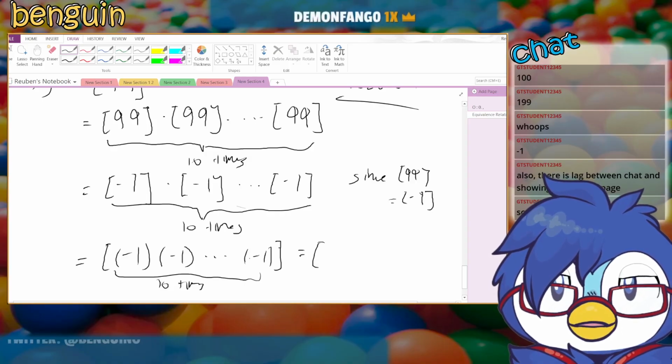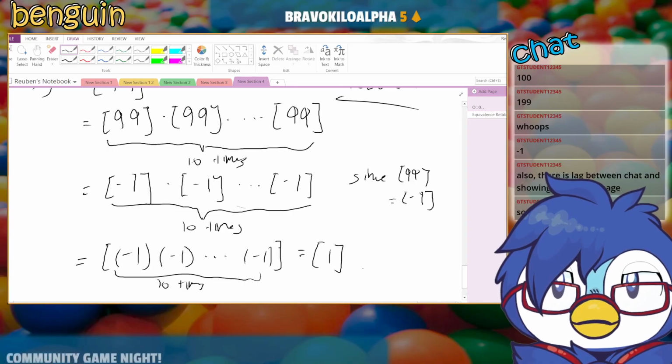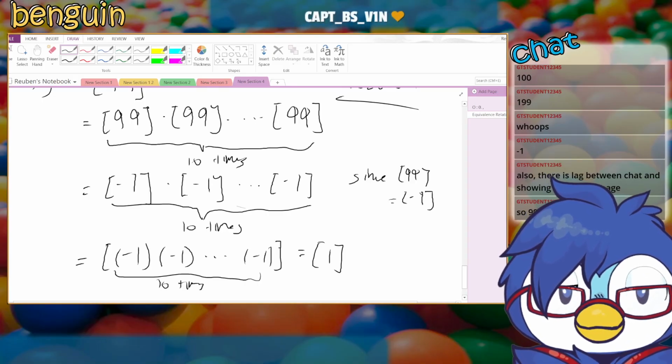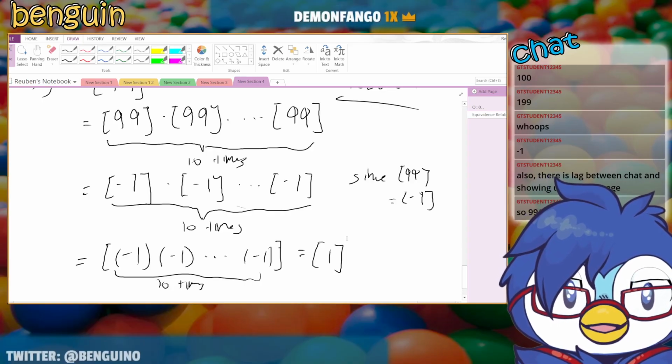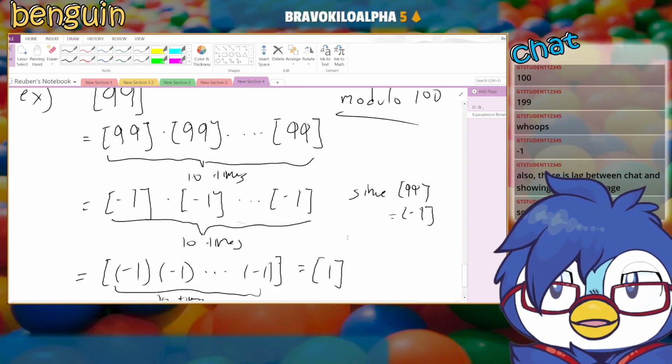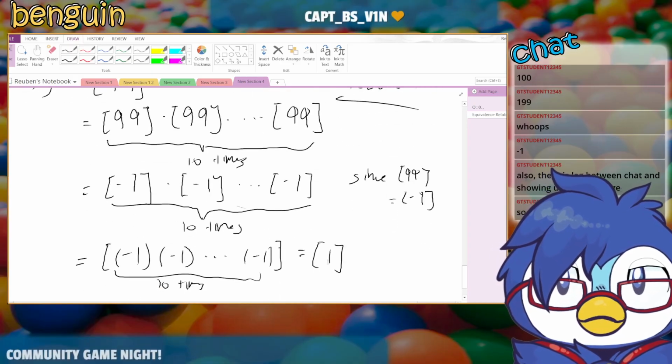But -1 ten times is just going to be the equivalence class of 1. So 99 to the 10th isn't divisible by 100, and we see that this answer is just going to be 1.